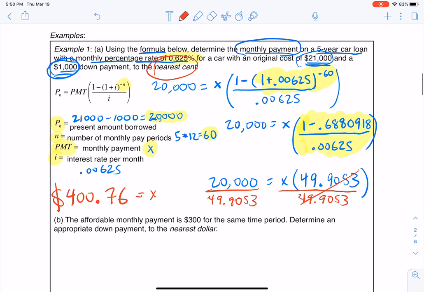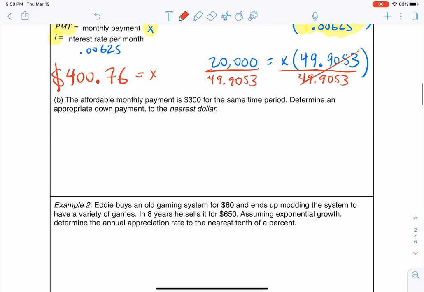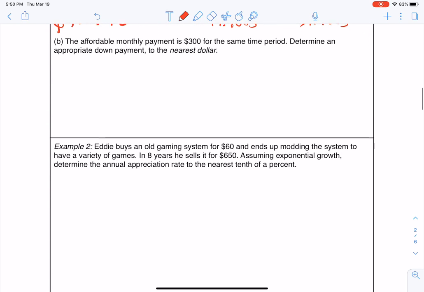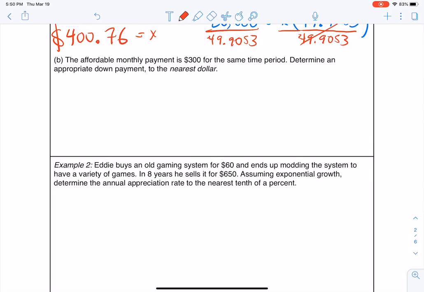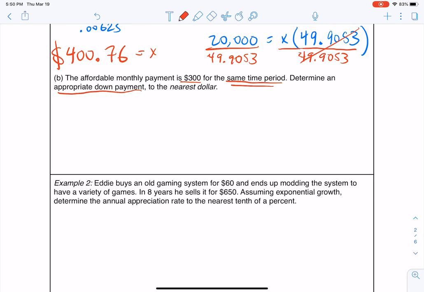All right, part B. You can pause and write that down if you need to. Okay, so part B. The affordable monthly payment is $300 for the same time period. Determine an appropriate down payment to the nearest dollar. Well, here we're going to have to work a little bit backwards. We need to first figure out, what did we borrow?